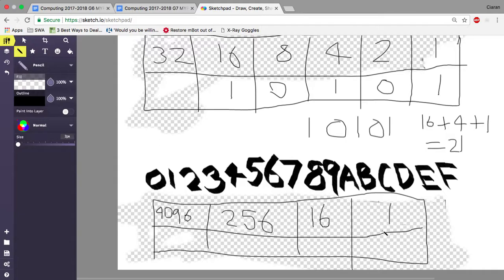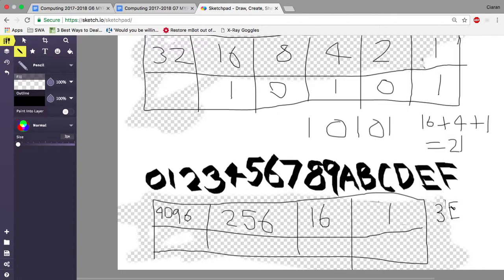Okay, and so let's imagine we are given 2 characters. Imagine we receive, say, a 3, and the other character received is an E. We know that E is the equivalent of 14. Remember, this is 0, 1, 2, 3, 4, 5, 6, 7, 8, 9, and A represents 10, B represents 11, C represents 12, D represents 13, E represents 14.